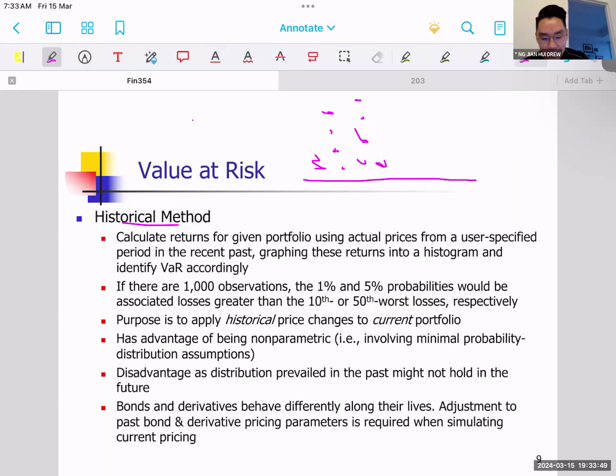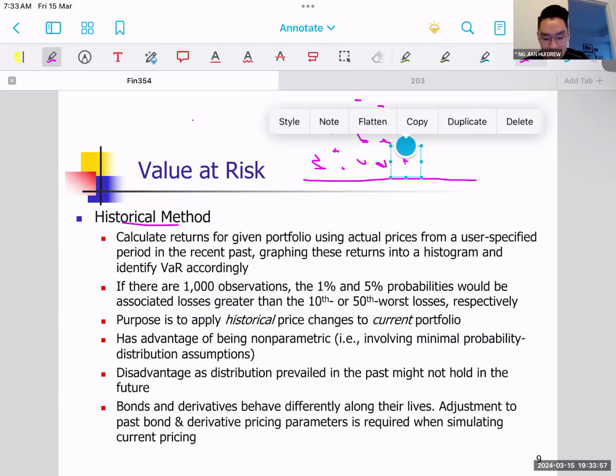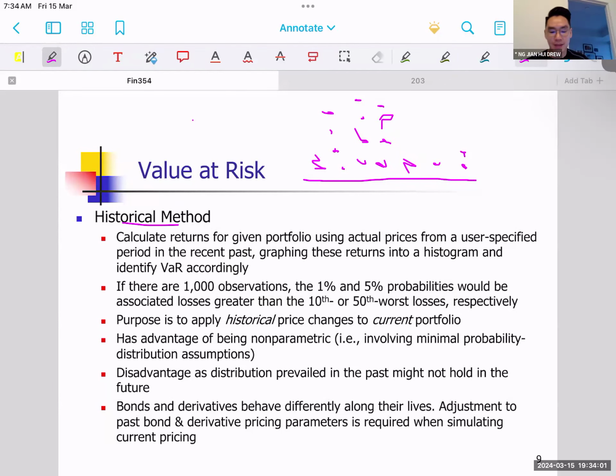So once you sort them, you will know that maybe in the middle is where most of the returns are. Maybe there are some lesser returns here. So you sort your returns, and you get somewhat of a normal distribution.